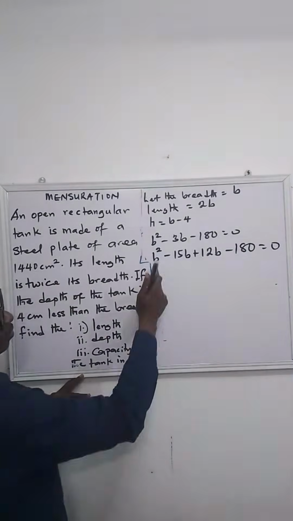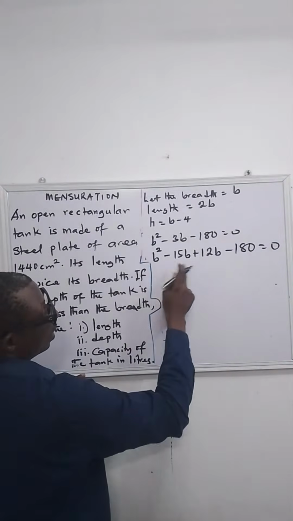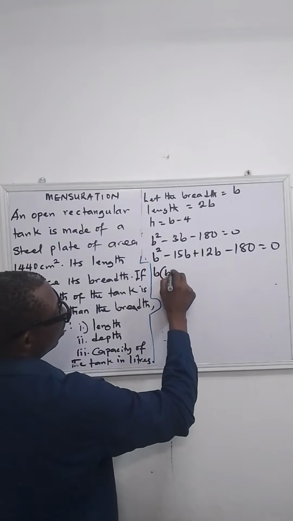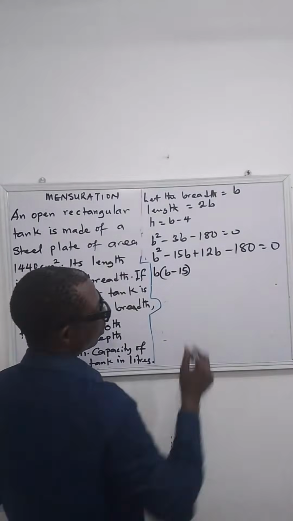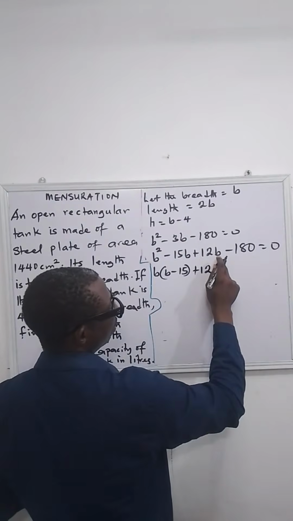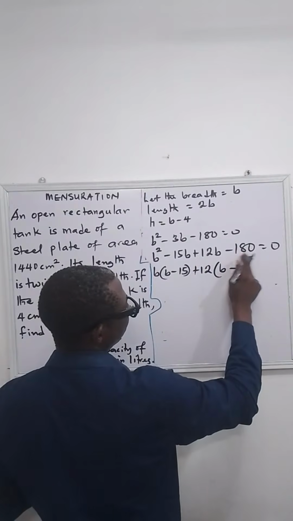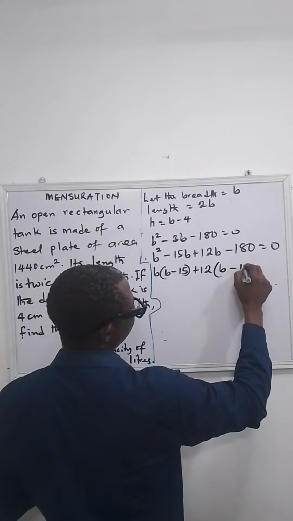All right, now let's look at the first pair. You find the GCD. What's the GCD of these two terms? We have b. When you divide this by b, you have b minus 15. Now here, the GCD is 12, so plus 12. When you divide 12b by 12, you have b. And when you divide negative 180 by 12, you have negative 15.